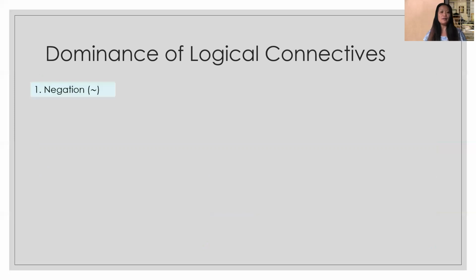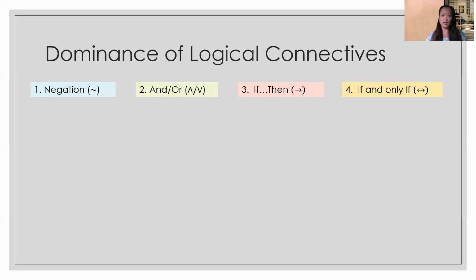And we call that dominance of logical connectives. So that means you'll perform negations first, and then and or is the second level. Then third level is if then, and then the 4th level is if and only if.